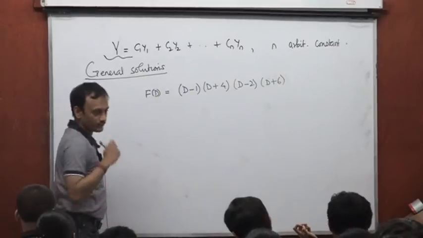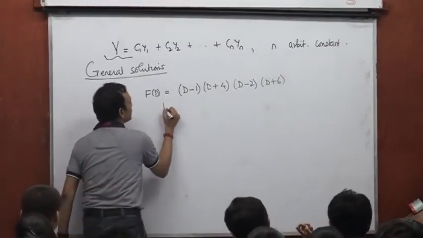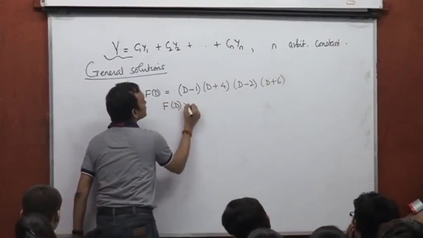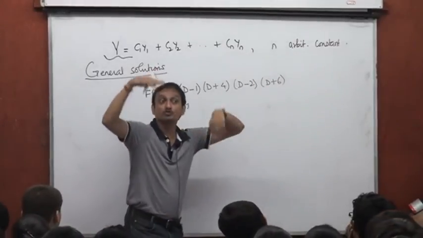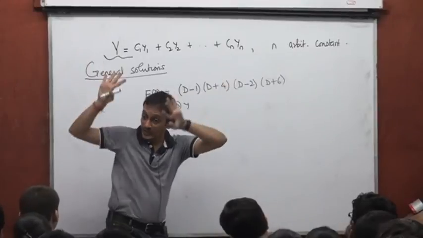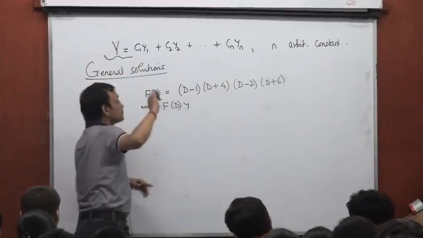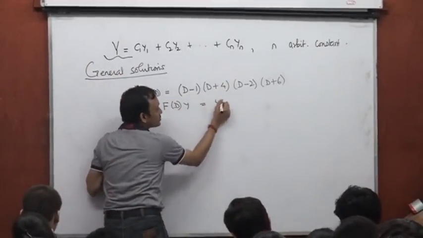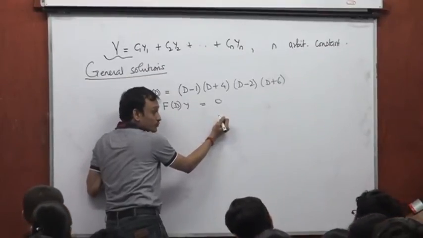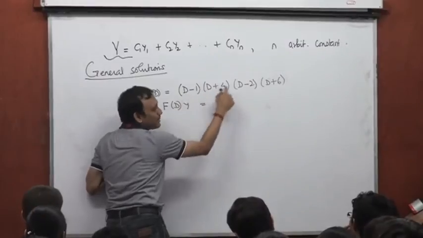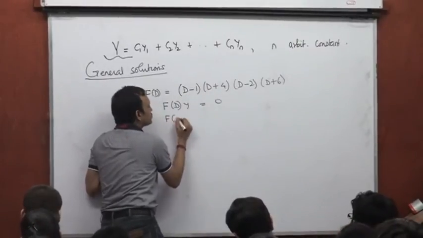Suppose this was FD, and we have a differential equation of order 4, because D to the power 4 means the highest order derivative would be 4. So FD operating on y equals 0.